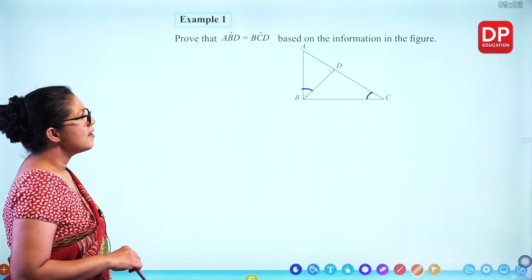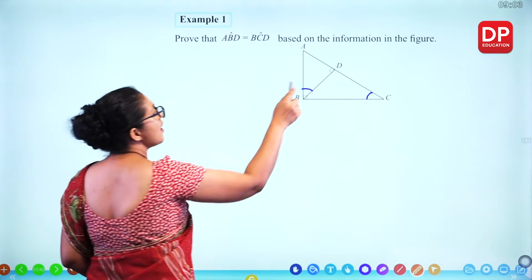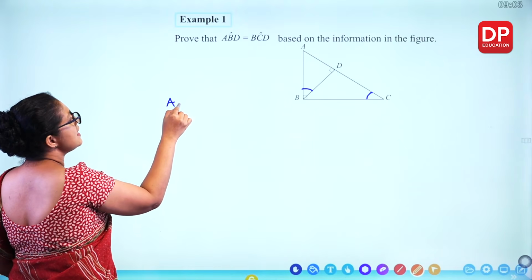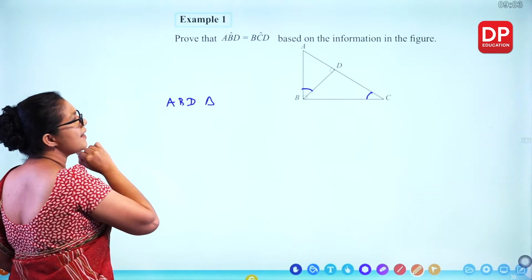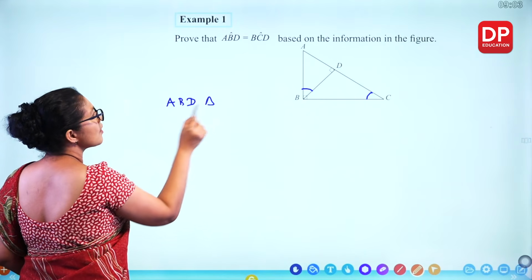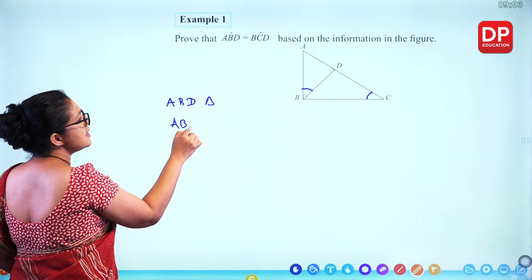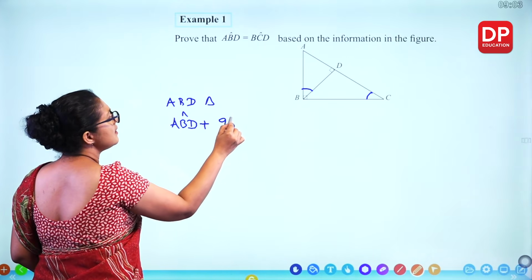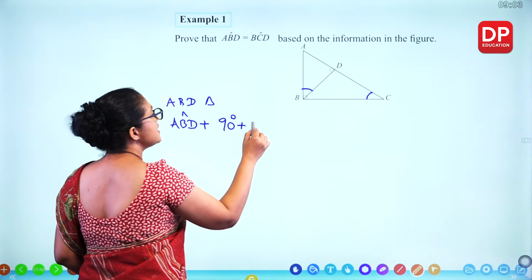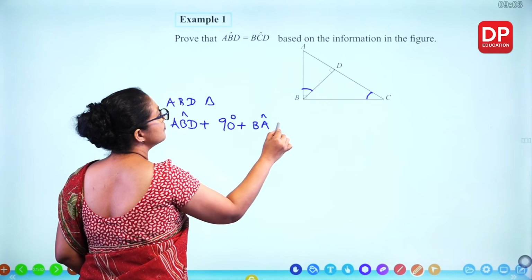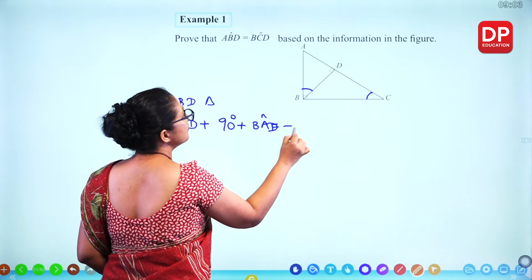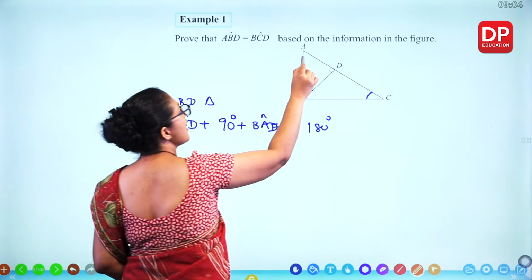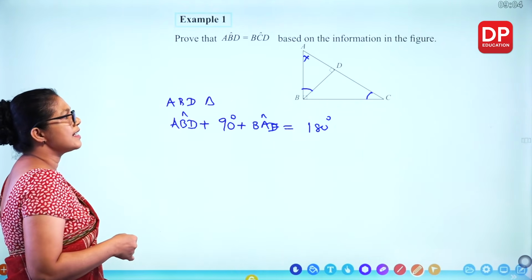Okay, so here what we can do, I can take the smaller triangle ABD and write down ABD angle plus 90 degree angle plus BAD angle equals 180. These three angles add up to 180.